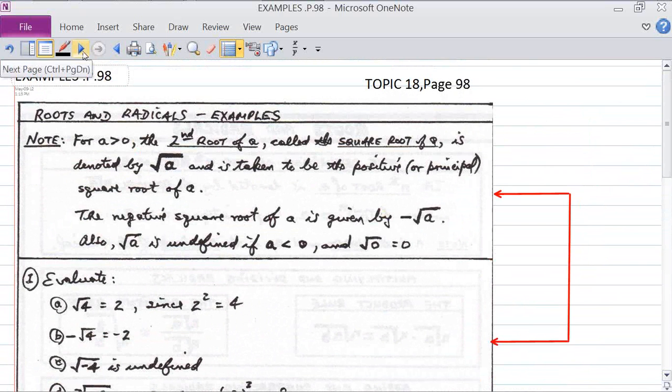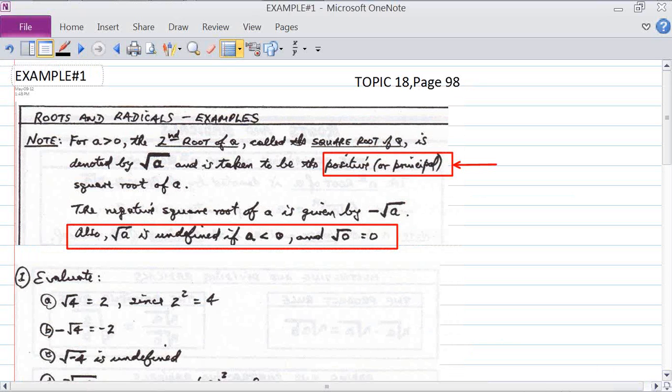Okay, so we go first of all to the note here on roots and radicals, page 98, and it's topic 18. If the number a is greater than 0, in other words, if it's a positive number, the second root of a is called the square root of a and is denoted by the square root sign.